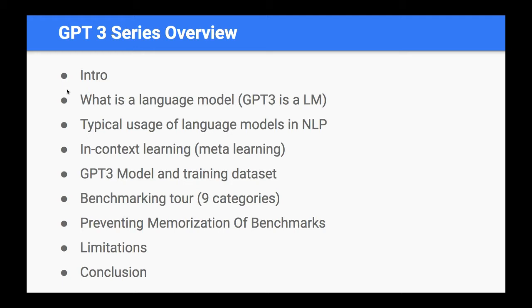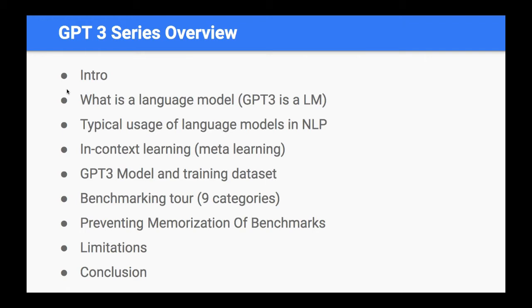Also, we will go through GPT-3's training data set and model architecture, and how GPT-3 performs on different kinds of NLP tasks and different NLP benchmark data sets. We'll also discuss the memorization issue of GPT-3, because GPT-3 learned so much.